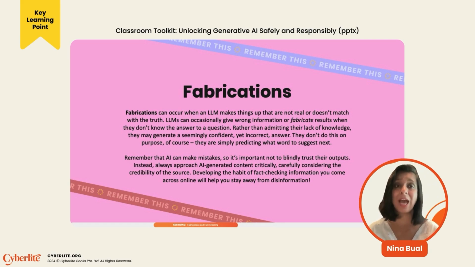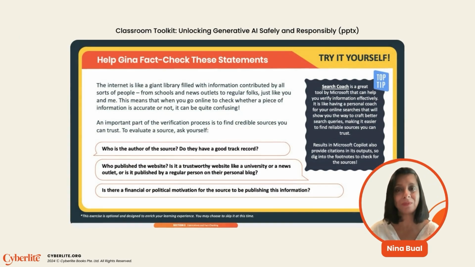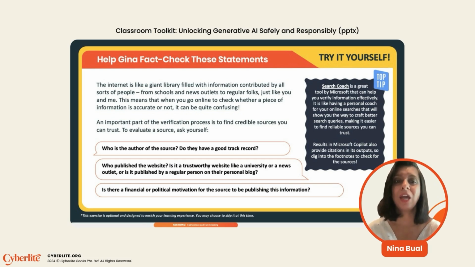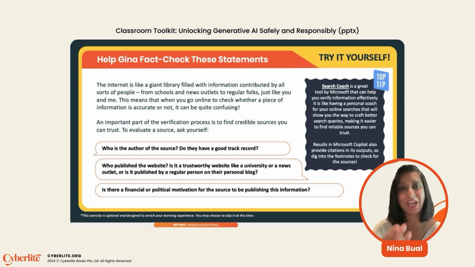And we've done this as a try it yourself as well. If you move on, you can say, we're going to help our character, Gina, fact check the statements that generative AI has outputted to her. So what we've done is we've looked at what they are, and we are going to check the verification process.